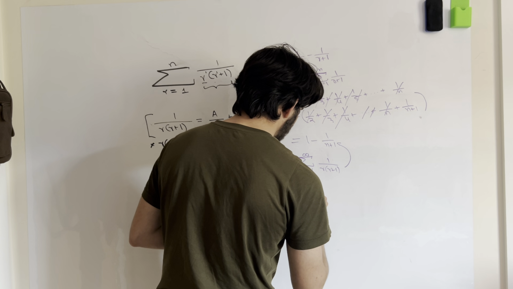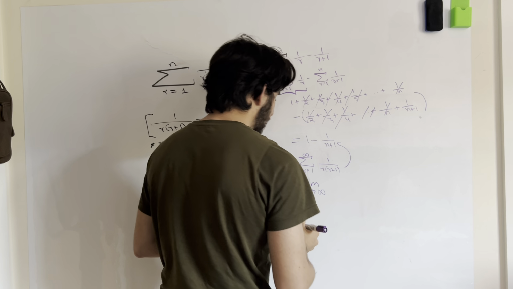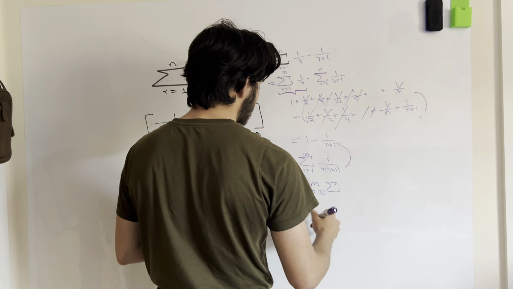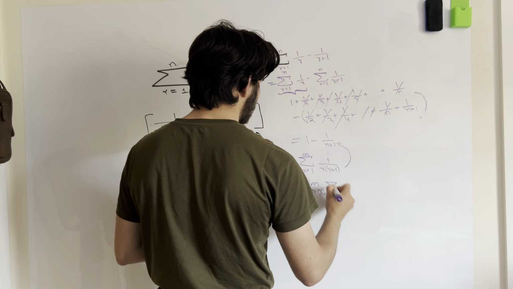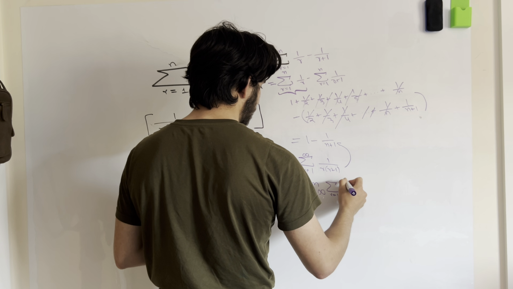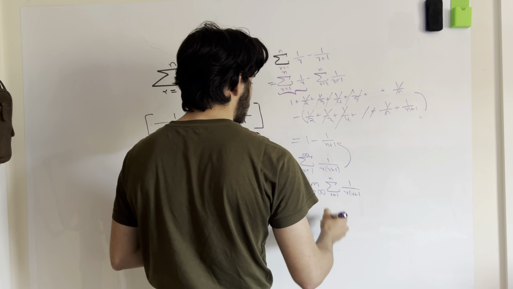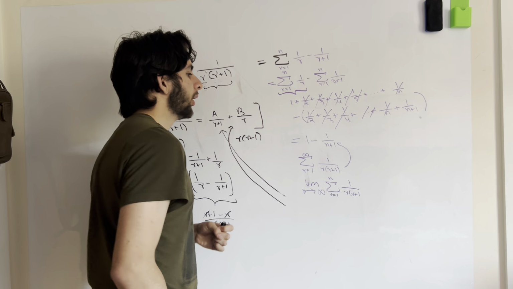We can write a limit, which is as n tends to infinity of the sum from r equals 1 of 1 over r plus 1, to n. What does the value then approach?